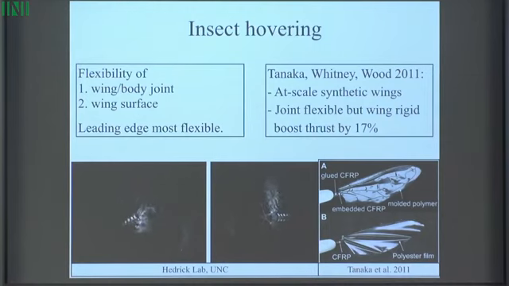Okay, so I believe that this principle of focusing flexibility at the driving point actually shows up in nature, and that's in insect hovering. What I've talked about already pertains to forward flight, flapping vertically and moving in the forward direction.